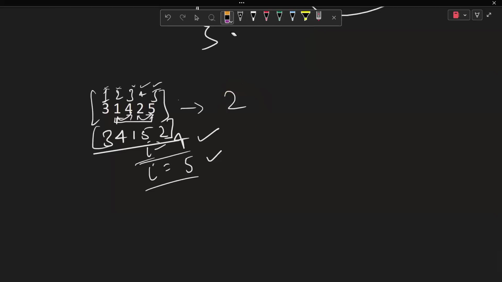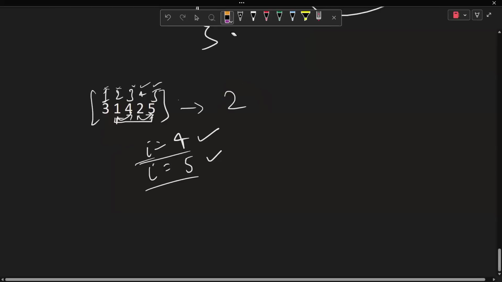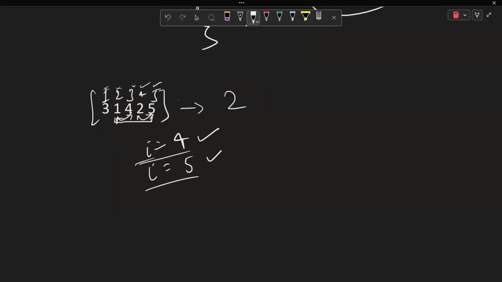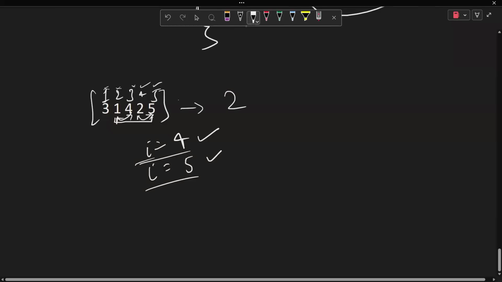So let's try to think here. What change are we making? What's my operation? My operation is, from an array, just select a range, and then let's say you selected this range. Then for this full range, divide it into pairs of 2, just swap all the pairs.